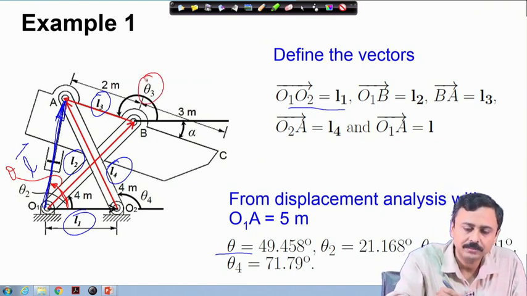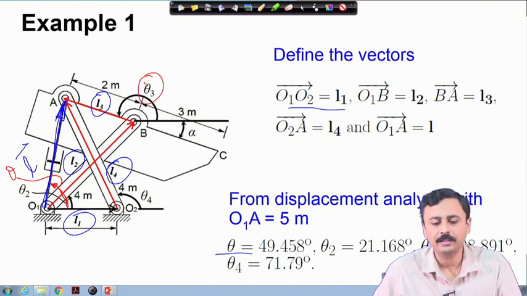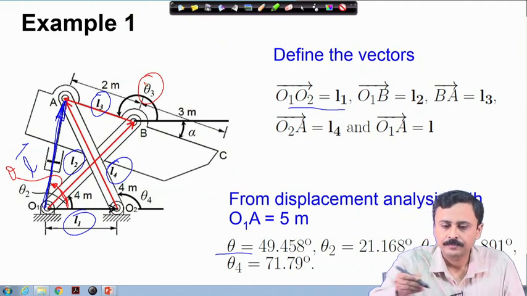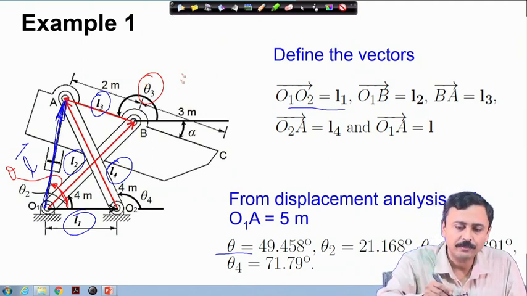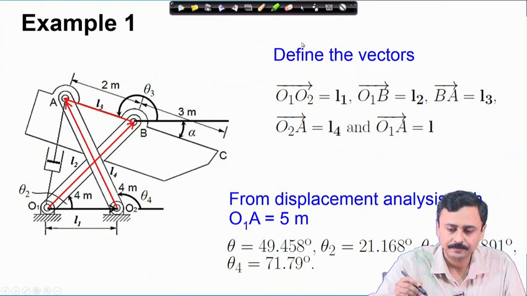Theta 3 is the bin angle. So, these were determined from the displacement analysis.